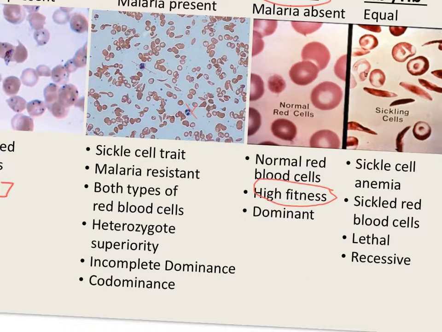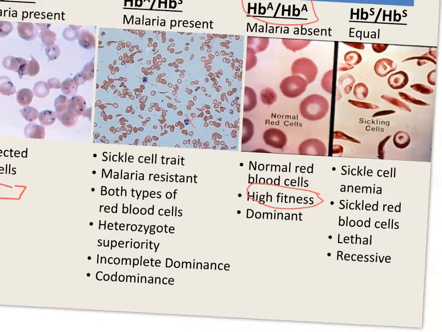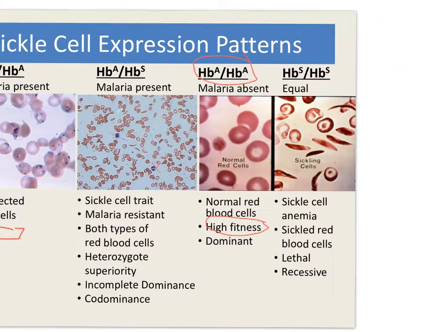Up in frequency? No, down. So the highest fitness in an area where there's no malaria is normal red blood cells, HbA, HbA. Unfortunately, HbA, HbS has some sickling, and it carries slightly less oxygen compared to the dominant phenotype.